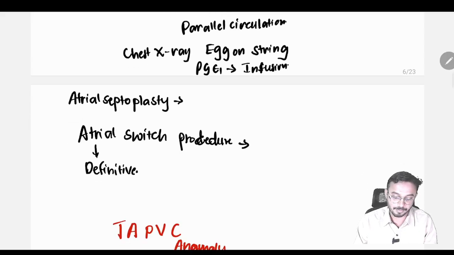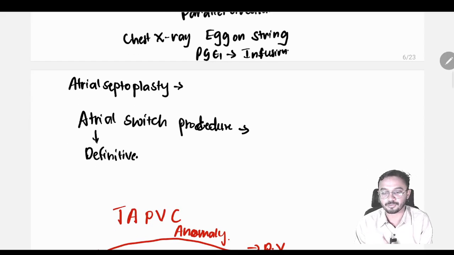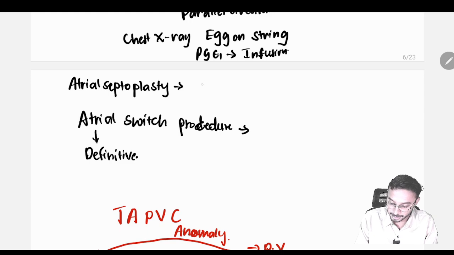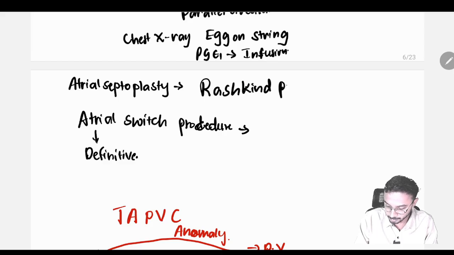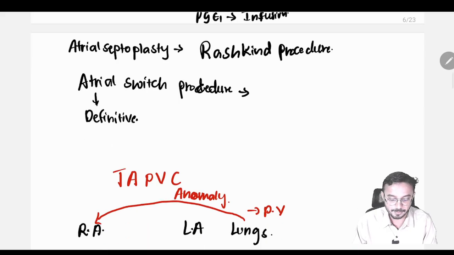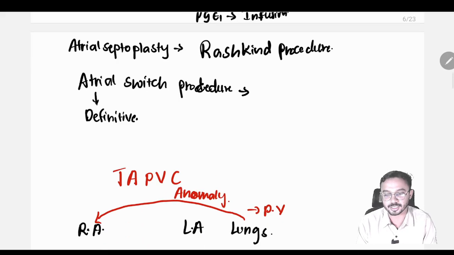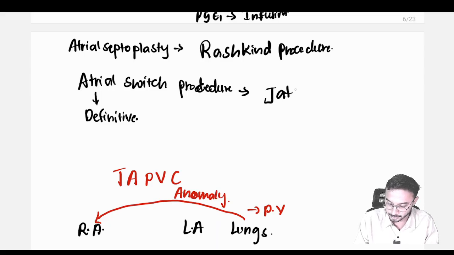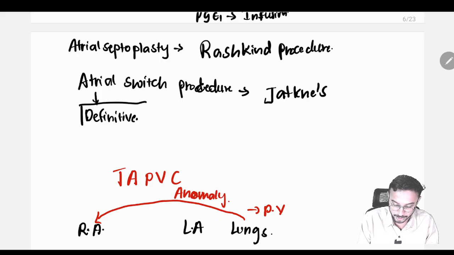And next, some atrial procedures I should perform. Very important, that is the Rashkind procedure. If anybody asks where you will do this Rashkind procedure, in TGA. Okay, and this atrial switch procedure is known as Senning procedure. So this is a definitive treatment for TGA.